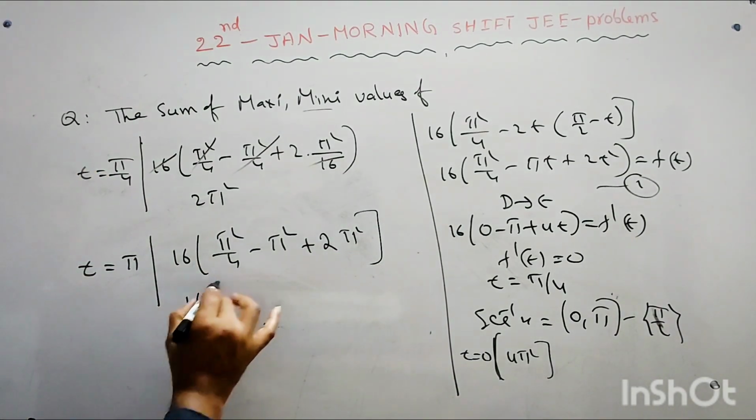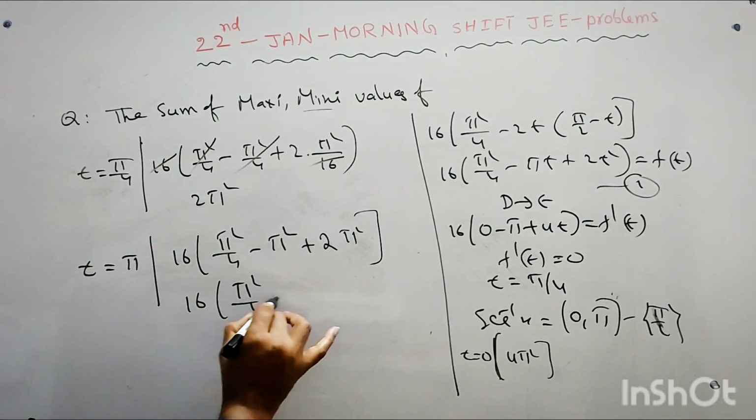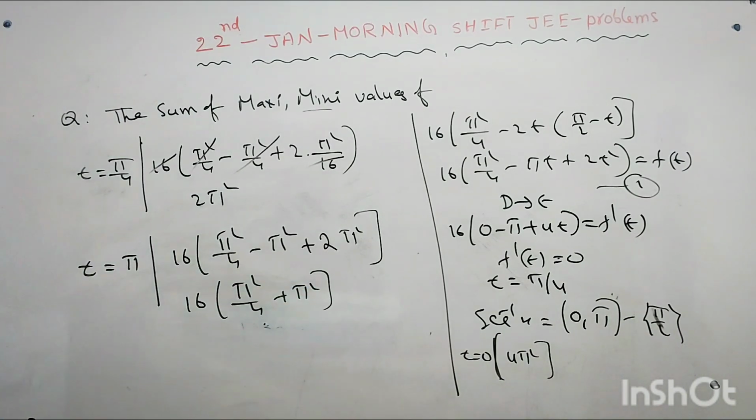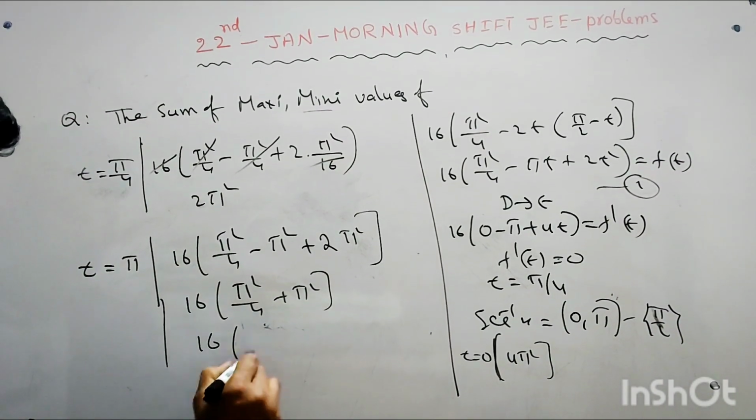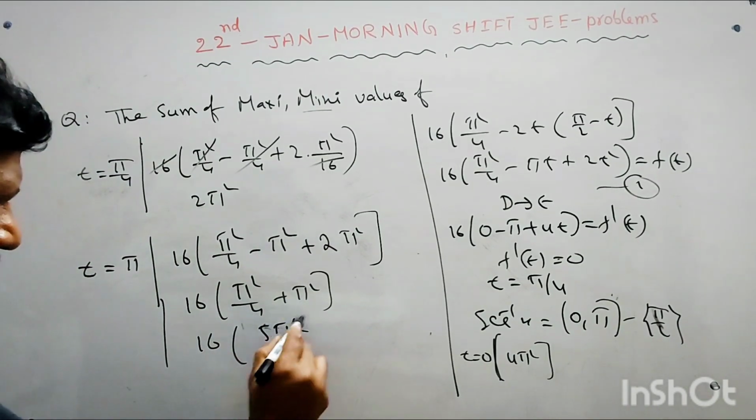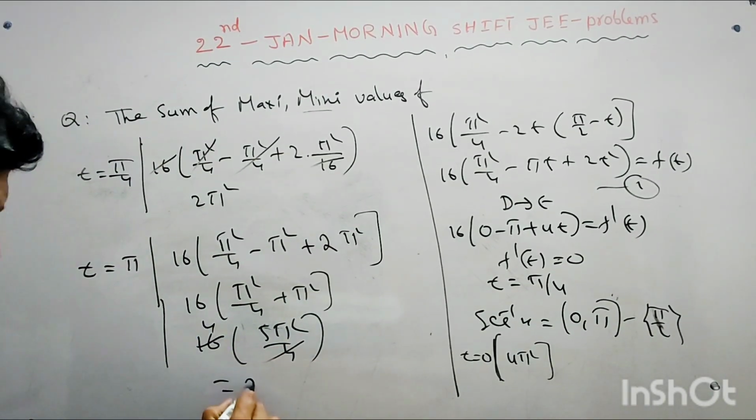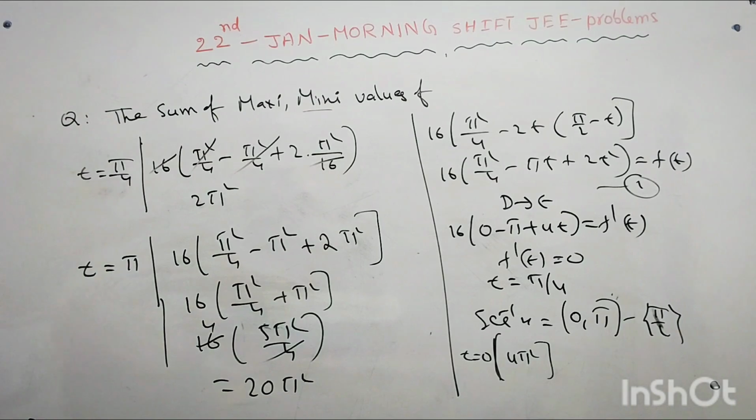So 16 times of pi square by 4 plus pi square. Then you will get this here 5 pi square by 4. This will go 4 times. You will get 20 pi square.